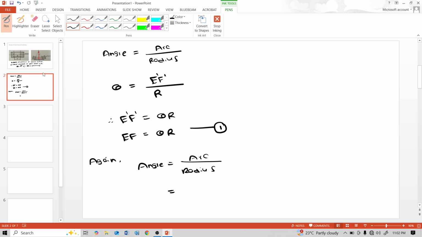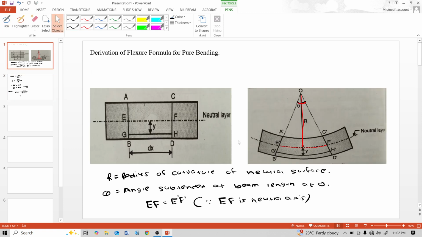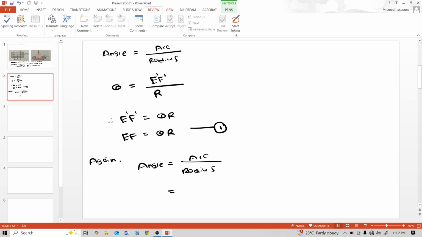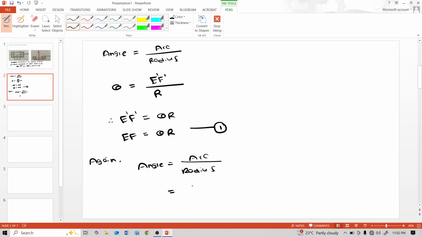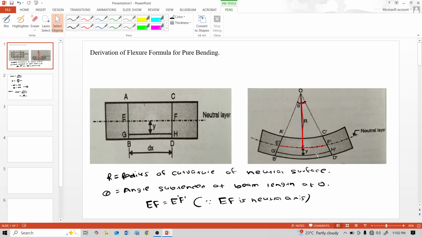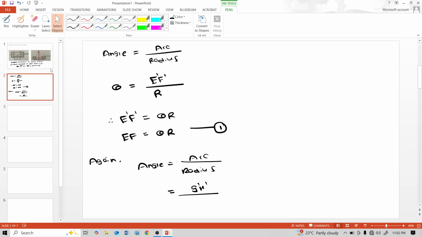The arc is G'H', and for this G'H' arc, the radius from point O is capital R plus small y. And the angle is theta. This is equation 2.